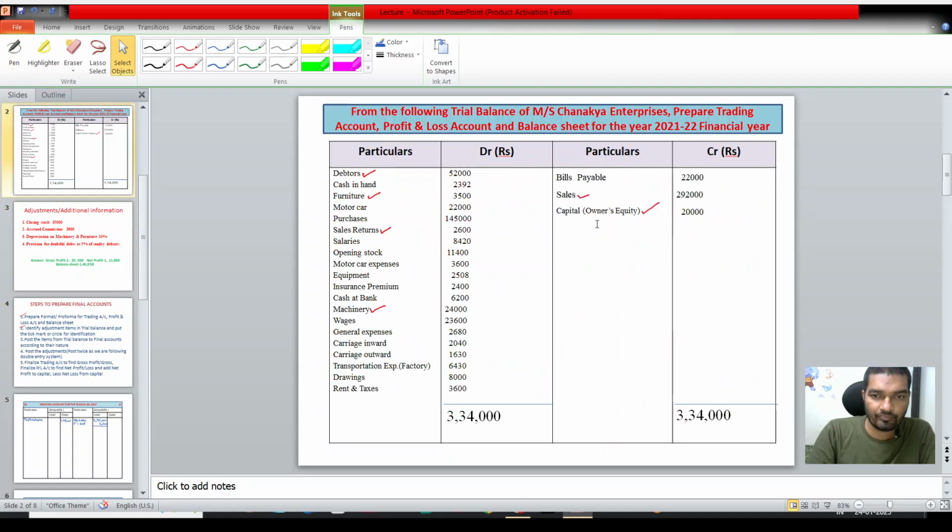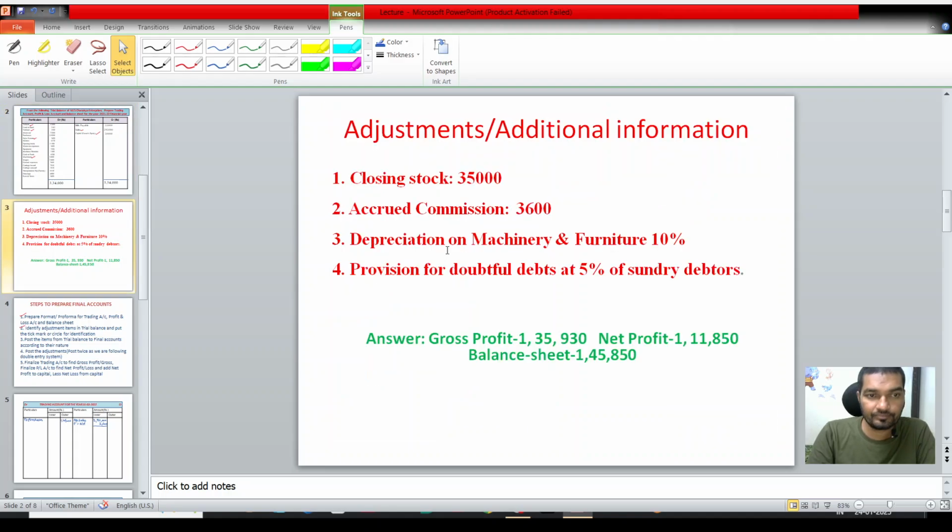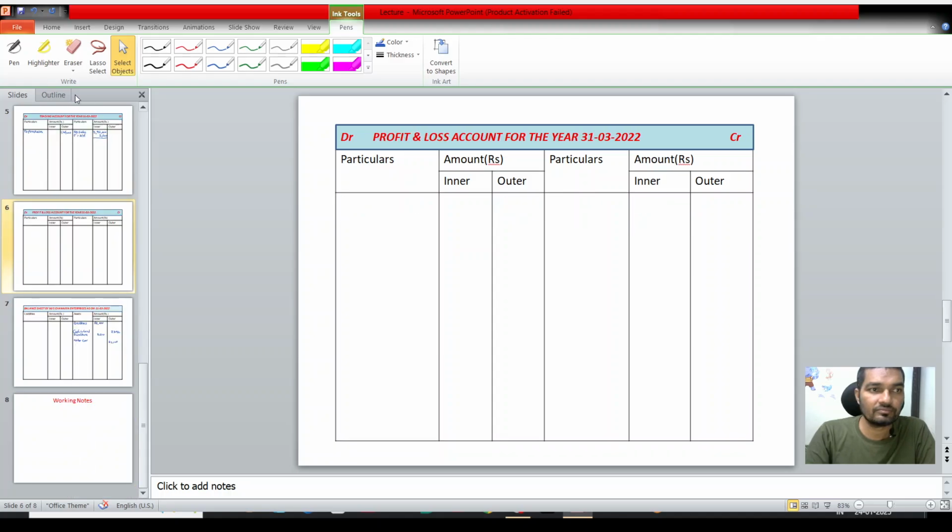And next one, salaries 8,420. Salaries we pay for the employees. Salaries are indirect expenses. All the indirect expenses, also called as non-manufacturing expenses, as well as losses will be shown debit side.